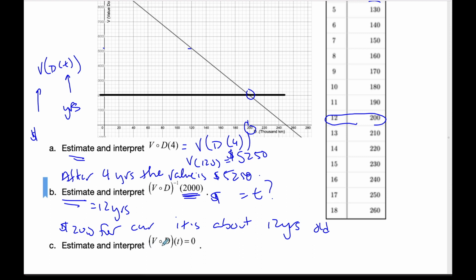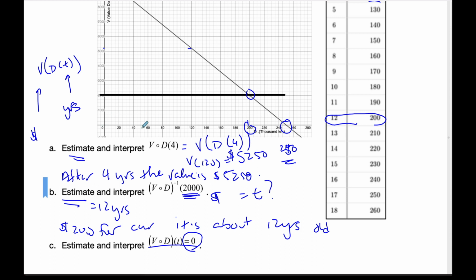And then finally it says estimate, interpret V of D of T equals 0. Well, if we think about what this actually means, this means when is the value equal to 0? Well, it's going to be equal to 0 here when it's 2,450.